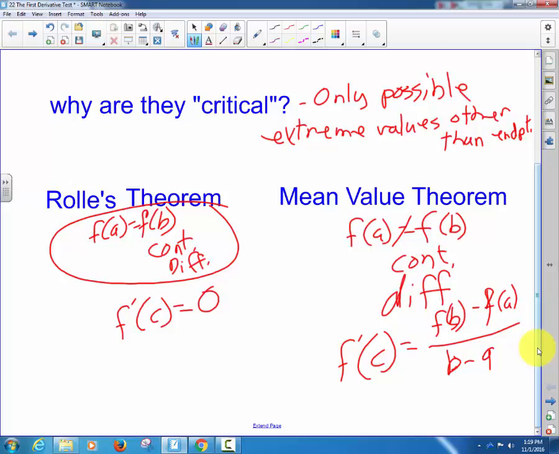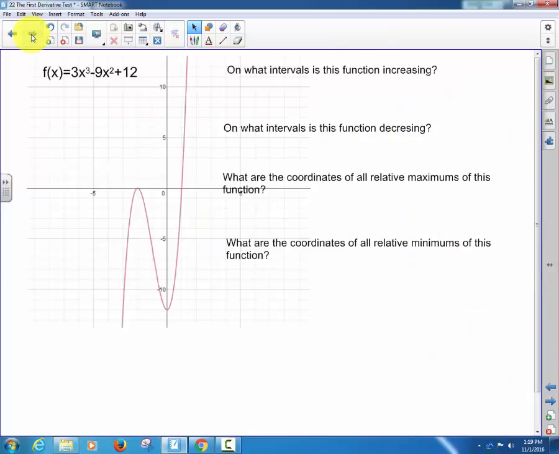Today, as we move into the first derivative test, and the second derivative test on Thursday, I want to start off by looking at that graph. I've given you a function in function notation, and I've given you the graph of that function. I want to ask you a series of questions that are hopefully relatively easy to figure out.